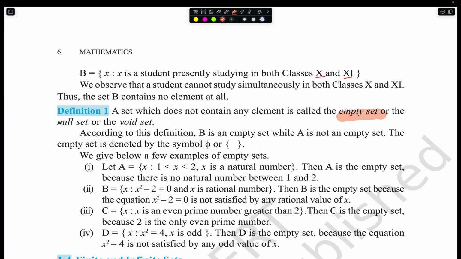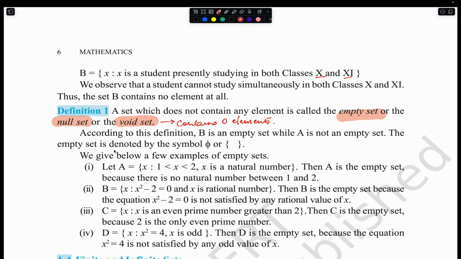It is also termed a null set or void set. So empty set, null set, void set all represent the same set, and all three definitions converge on the same conclusion, that the set contains zero elements. There are not going to be any elements inside it.